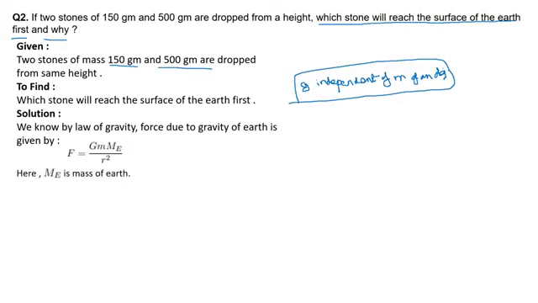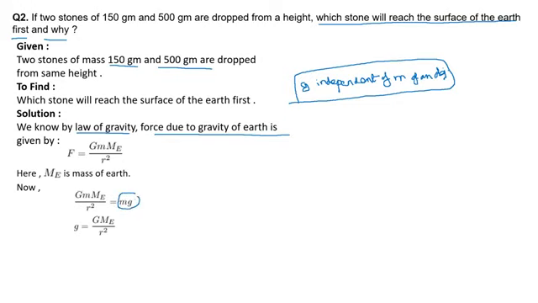So here we can see that by the law of gravity, the force due to gravity of the earth is given by F is equal to G small m, mass of an object, multiplied by the mass of the earth divided by the square of the distance between them, right? And Me is the mass of the earth, we know that. And what is force? Force is m into g, right?